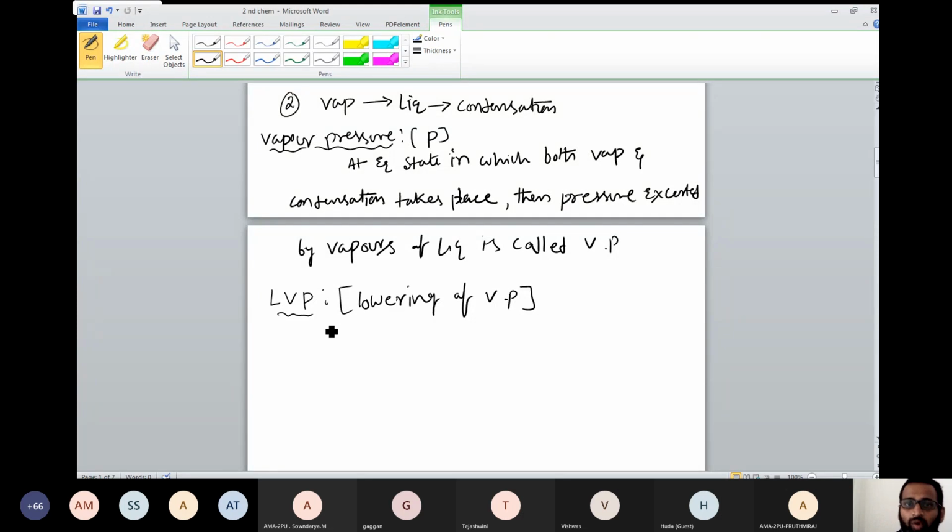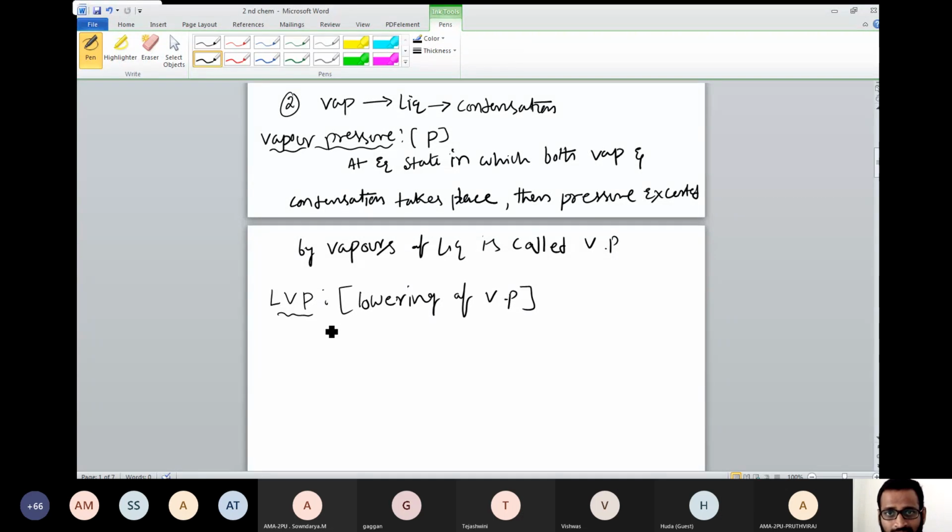So they cannot evaporate. Suppose in a classroom I want to go out, but a very big fat fellow is occupying the whole space at the door. Can I go out? No. Why? Because he is a macro particle, very big, so even if I try, I don't have a place to go.